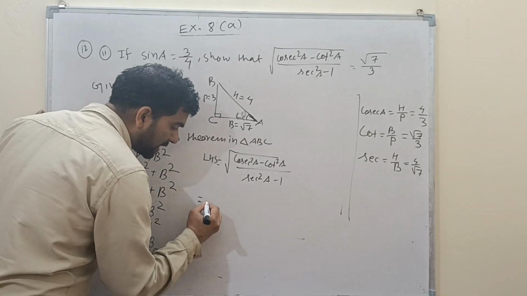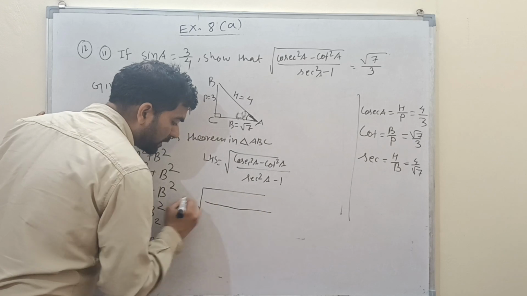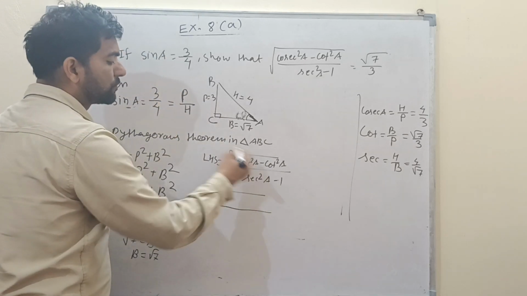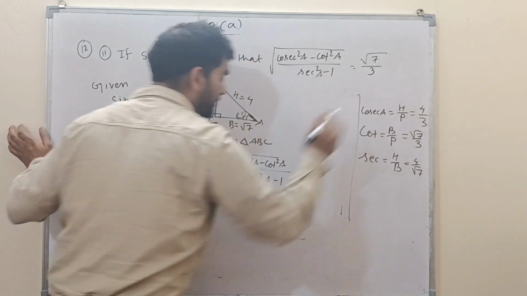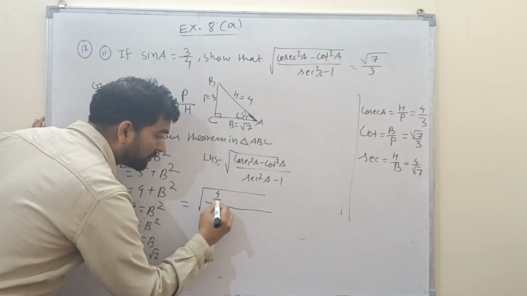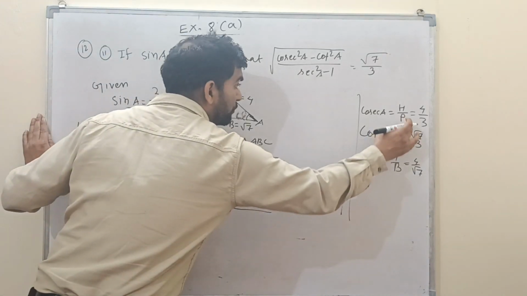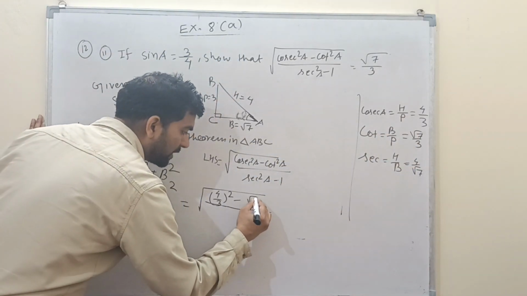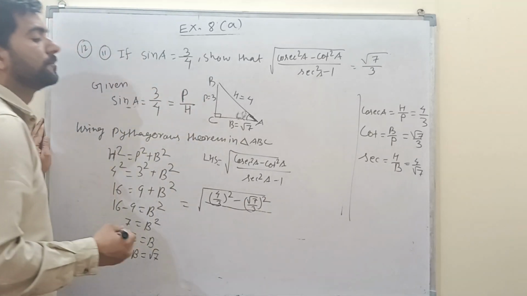So we'll get root over cosec square, where cosec is 4 by 3, so I write (4 by 3) square, minus cot, where we have root 7 by 3, so (root 7 by 3) square.